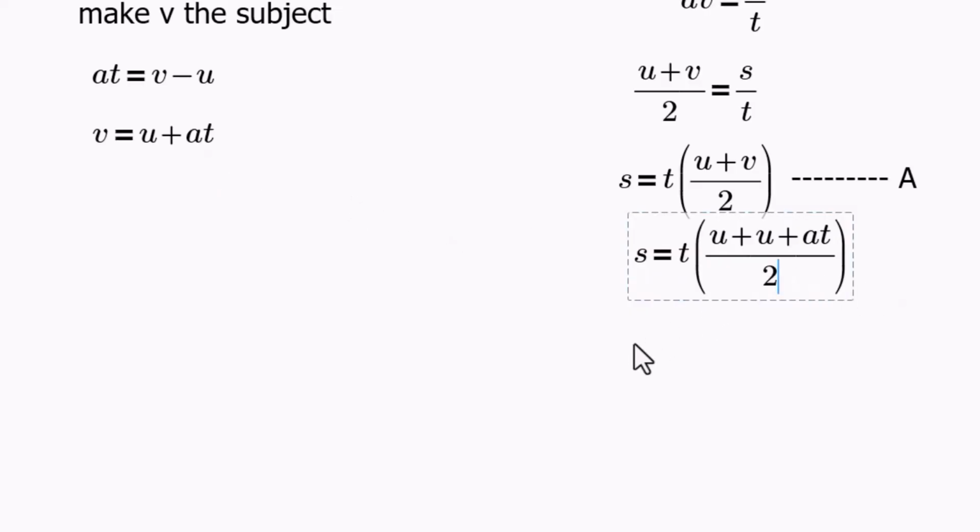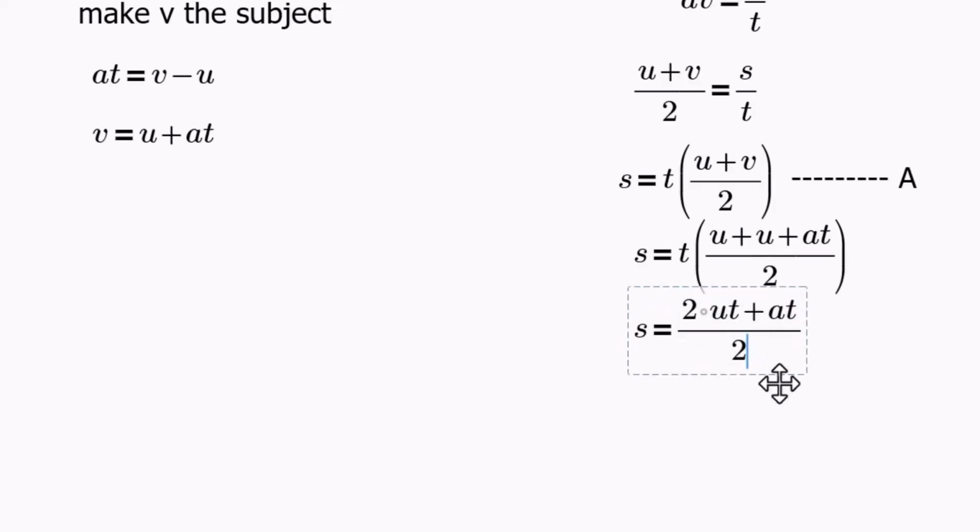At this point, we are going to collect like terms. S equals T times, then U plus U is 2U. Let me just open the bracket directly. So I'll have 2UT plus AT, everything there divided by 2.